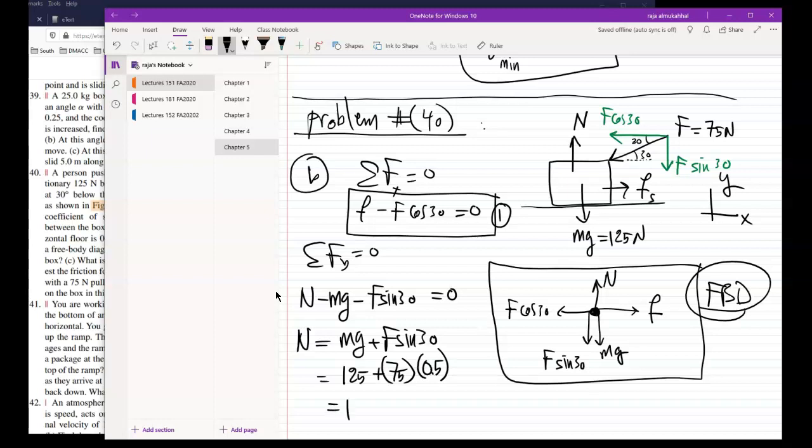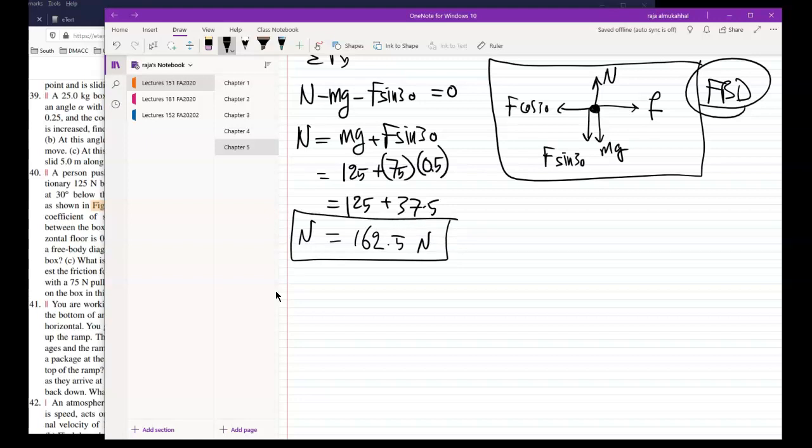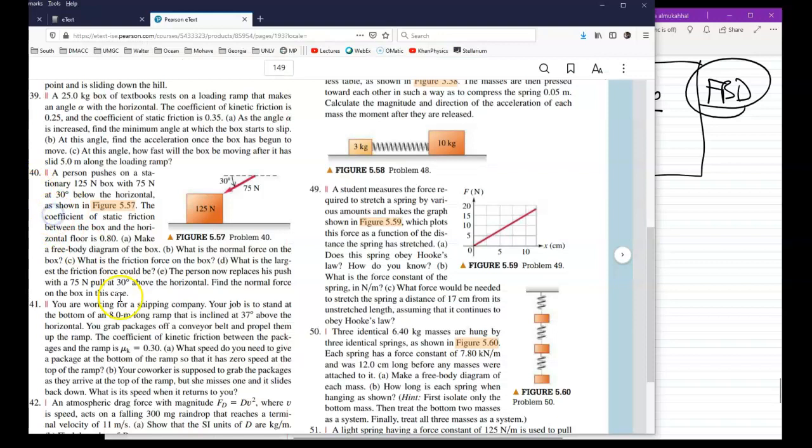And then we just go 125 plus 75 times 0.5, answer 37.5. And that will give me 162.5 Newton. There we go. Simple? Okay. These are from the normal.